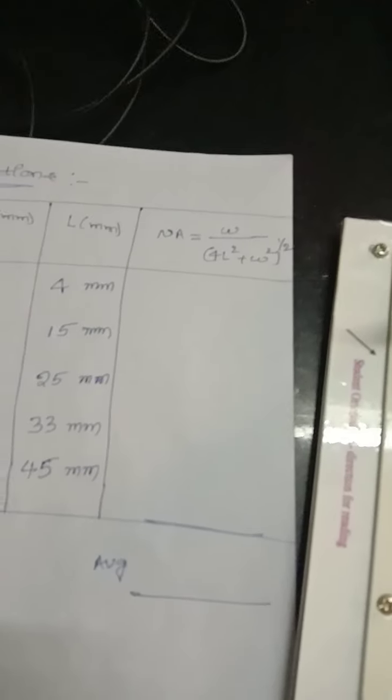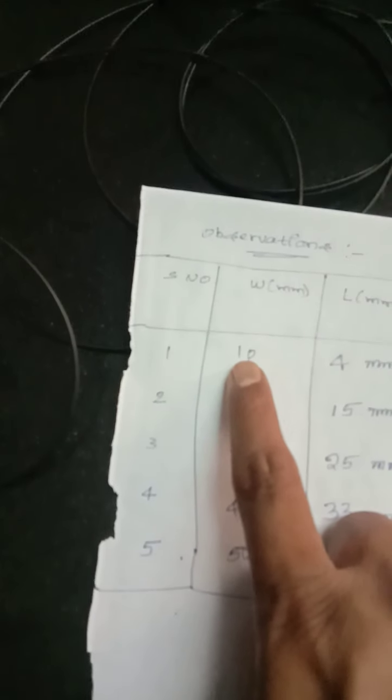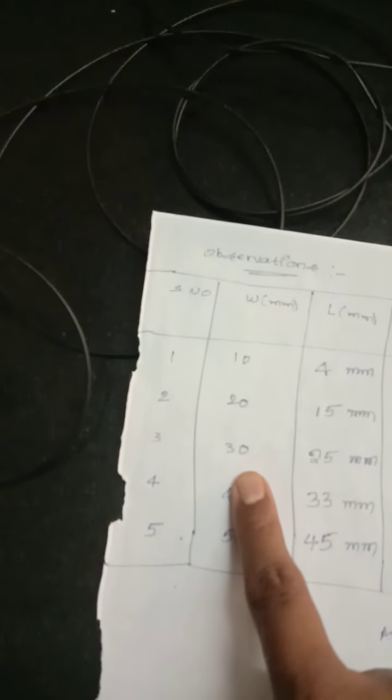The experiment is very simple. The light has to be incident on the 10 mm. At what distance is the light made to be incident on the 10 mm? We got the value 4. For 20 mm of diameter, the distance is 50 millimeters. And for 30 millimeters of diameter, the distance is 25.